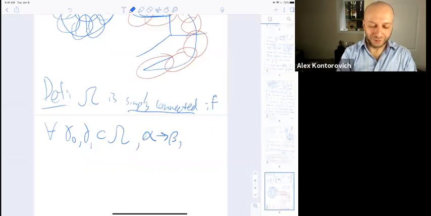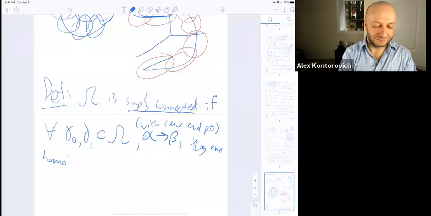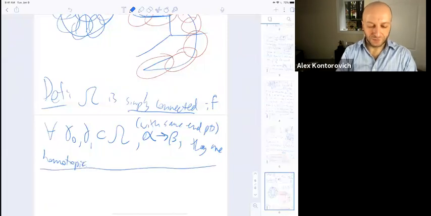For all pairs with the same endpoints, they are homotopic.